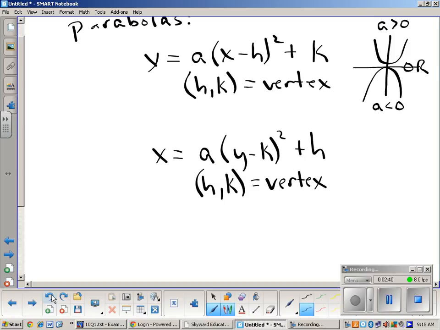All right, the graphs of those now are this way, or this way, one or the other, depending on what? Okay, whether what is positive or negative? A. So this would be if A is less than 0, and this would be if A is bigger than 0. Okay? Now that's the parabolas.